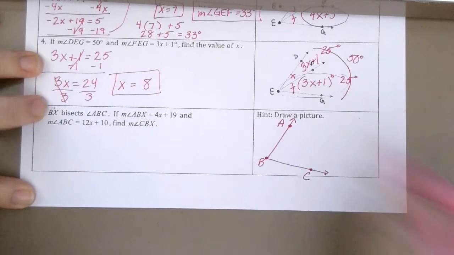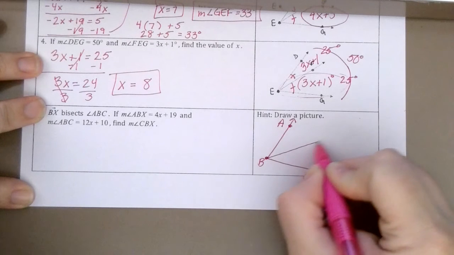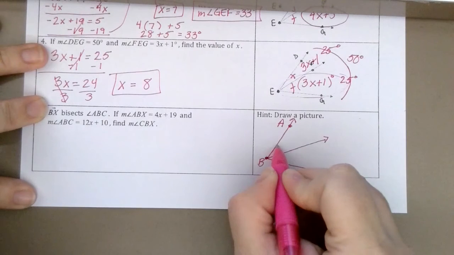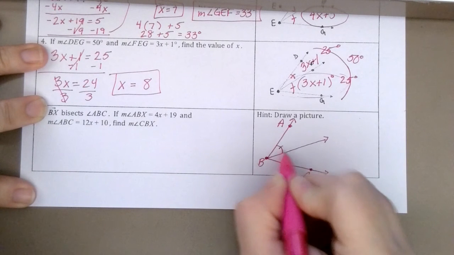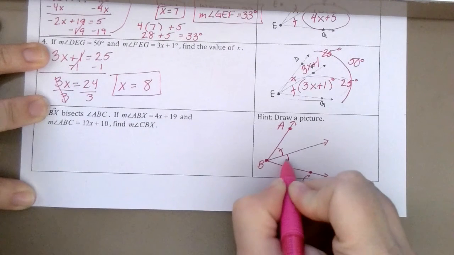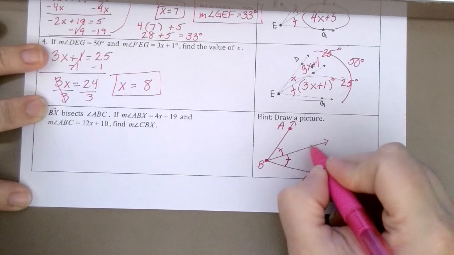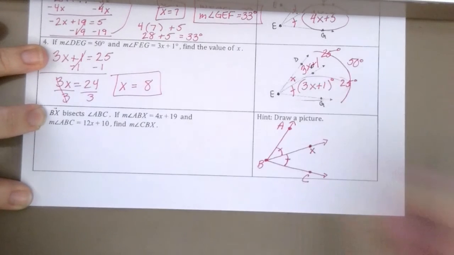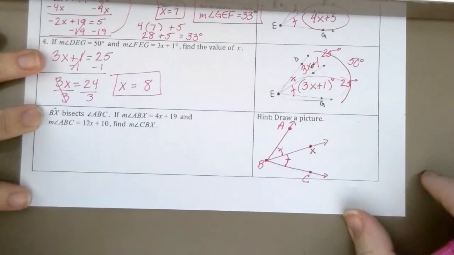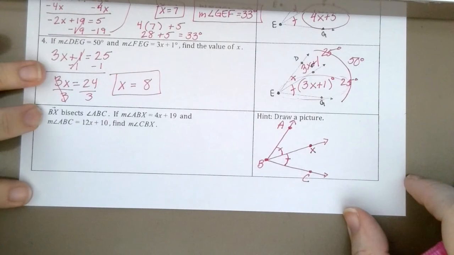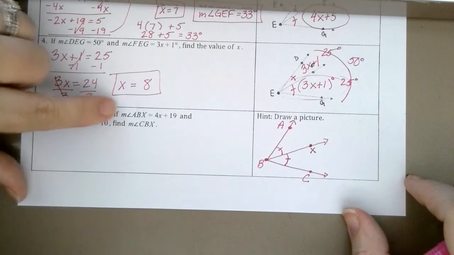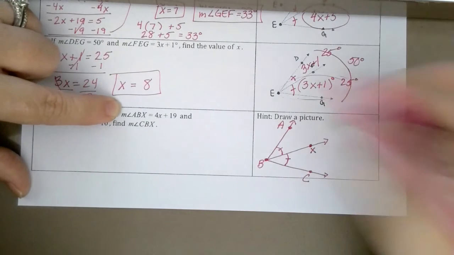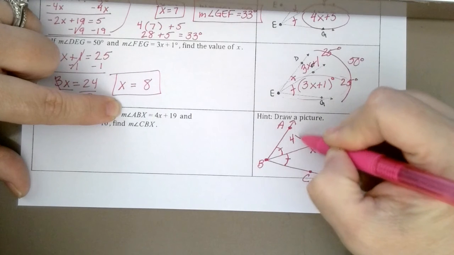And then we have a bisector, so something like that, that's going to make these two angles in here congruent. Yes? And what is that bisector? BX. You okay with that? Okay. The measure of ABX, that's this one right here, is 4x plus 19.